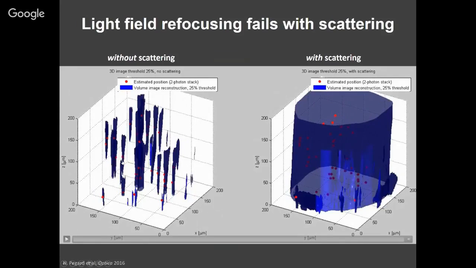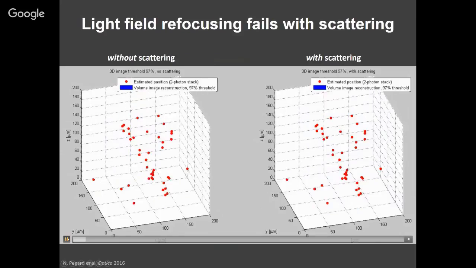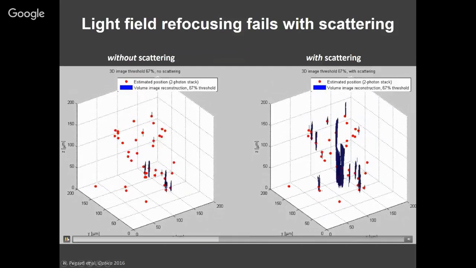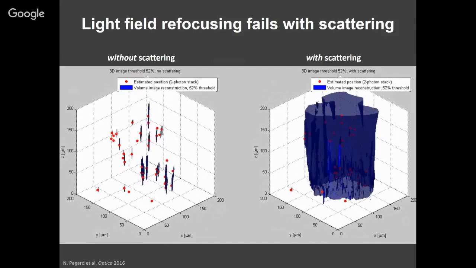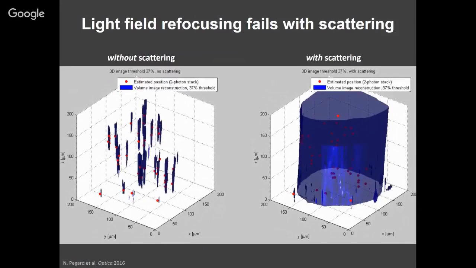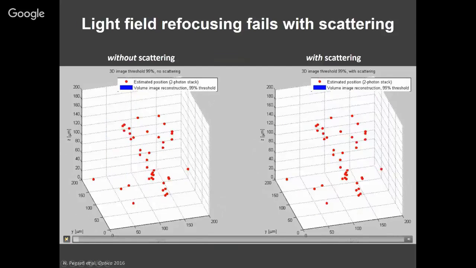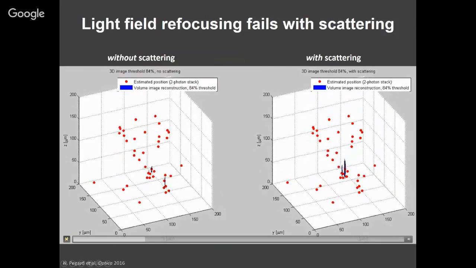If I do a light field reconstruction, just shift and add, so I don't use any of our fancy algorithms that account for scattering, and I just increase the threshold on the reconstruction, that's what you would do if you wanted to find some particles. If you had a light field reconstruction and wanted to know where there are particles, you can just threshold it. So the blue stuff is all thresholded as I increase the threshold from 0 to whatever.